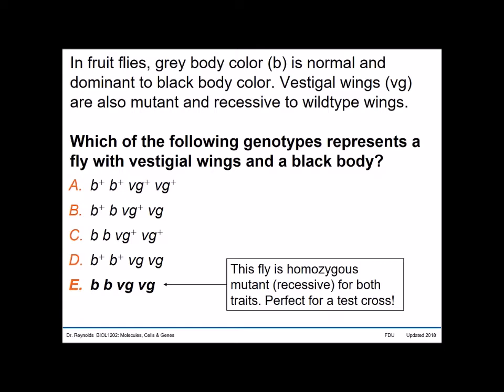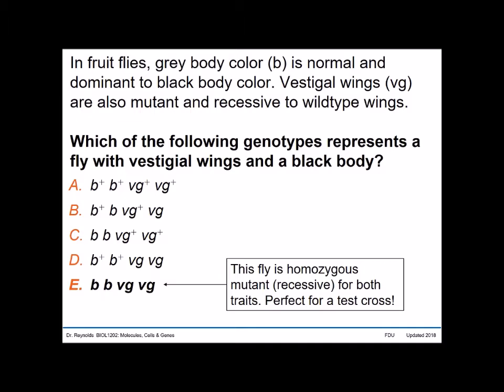Now, this individual, which is homozygous recessive for both mutant phenotypes, is going to be perfect for us to do a test cross. Remember, a test cross is a cross where we breed an individual with a homozygous recessive, which helps us to see the genotype of that second parent.